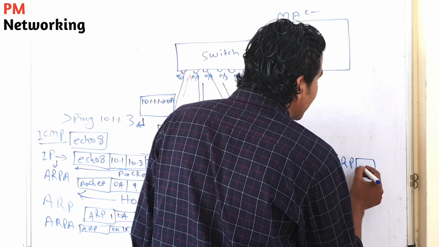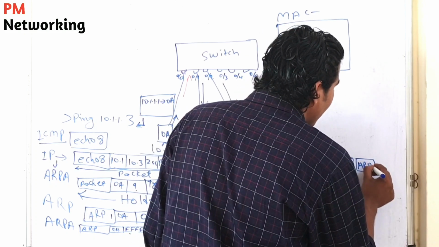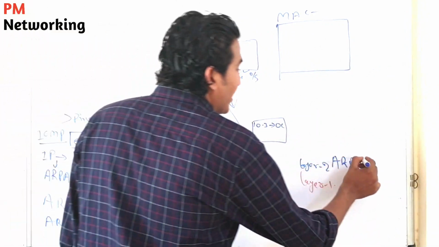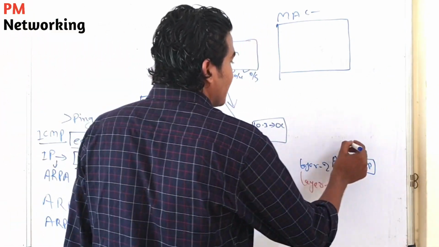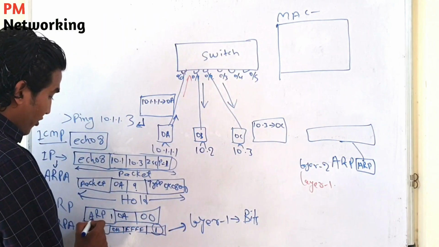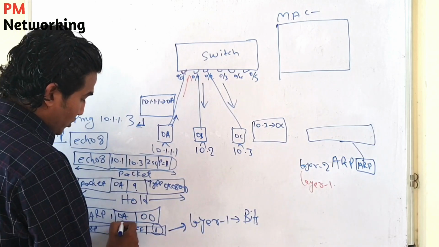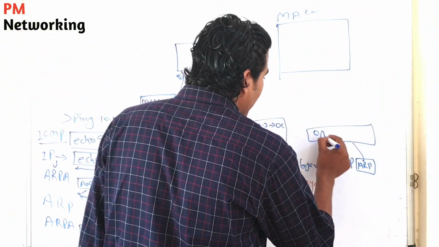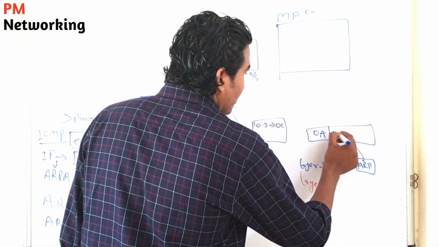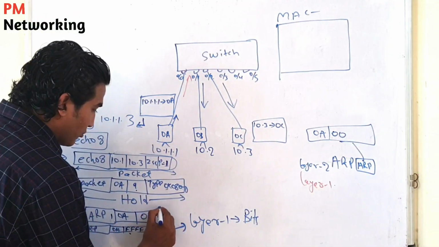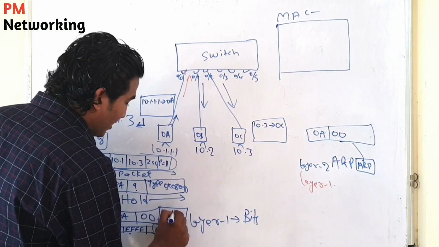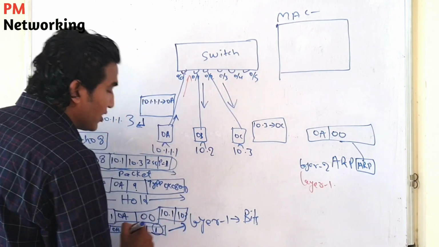Now ARP protocol receives an ARP request, this one. So this PC will open the ARP request, and in the ARP request it will find some information, that is, source MAC is 0A and destination MAC is 00, and there will be some more information, like source IP is 10.1 and destination IP is 10.3.